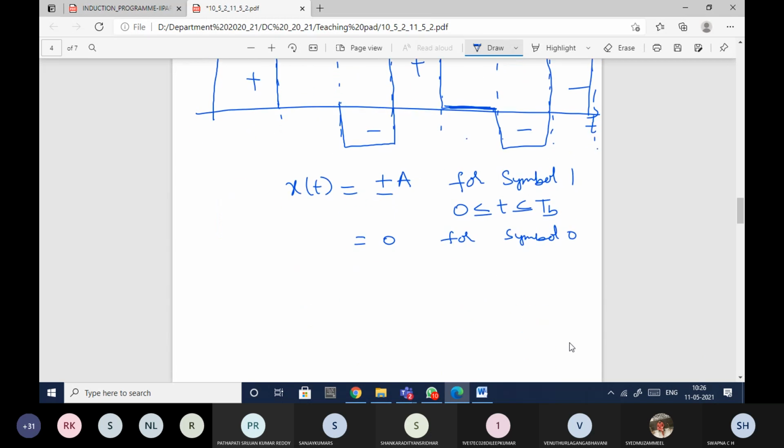It is for the complete interval 0 less than or equal to t less than or equal to Tb. This is for bipolar in NRZ format.